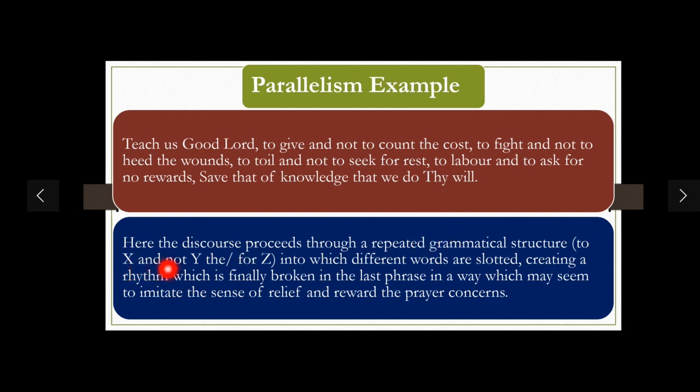Now here the discourse proceeds through a repeated grammatical structure: to X and not to Y, to give something and not to Y for Z, into which different words are slotted, creating a rhythm which is finally broken in the last phrase in a way which may seem to imitate the sense of relief and reward that the prayer concerns. So this was the example of parallelism.